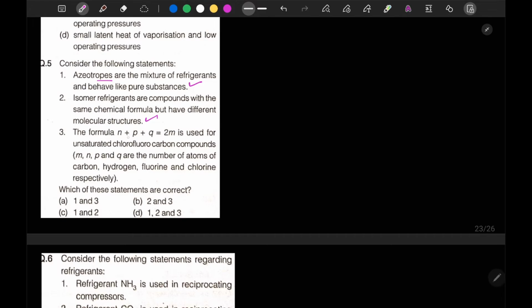Next, the formula N plus P plus Q is equal to 2M plus 2 is used for saturated chlorofluorocarbon compounds, where M, N, P, Q are the number of atoms of carbon, hydrogen, fluorine and chlorine respectively. So this is also correct. Okay, so options 1, 2, 3 are correct.